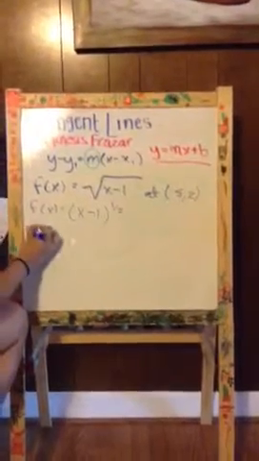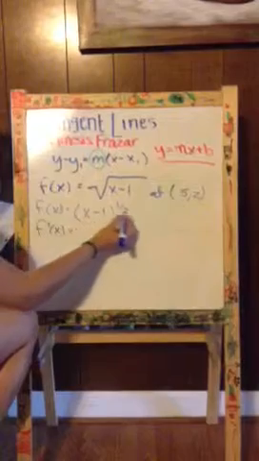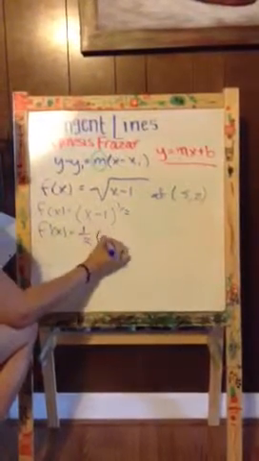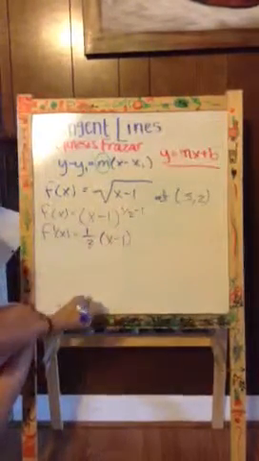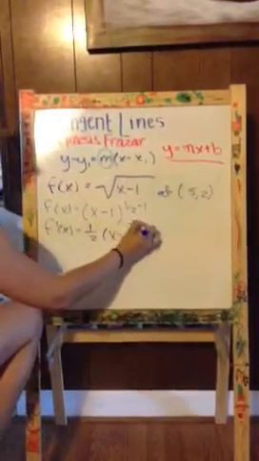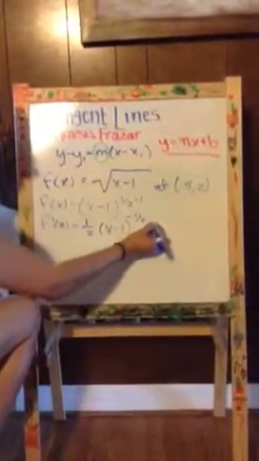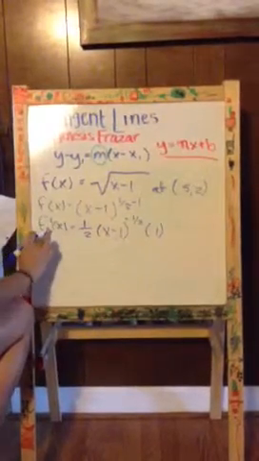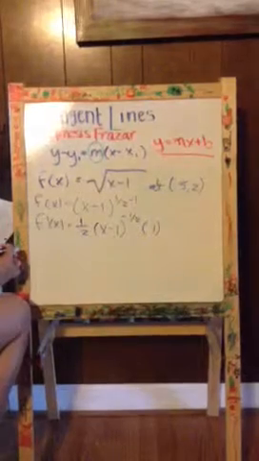And then to find the prime, you will bring down the 1/2, 1/2 times x minus 1 to the power of 1/2 minus 1, which will give you negative 1/2, times the derivative of the inside, which is 1. So this is the first derivative of the original equation.